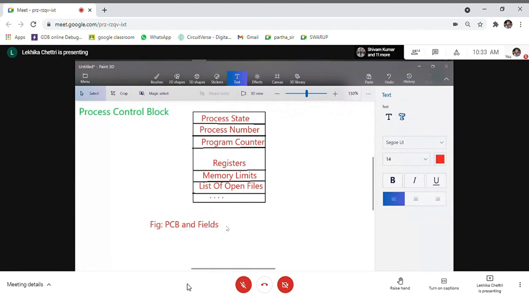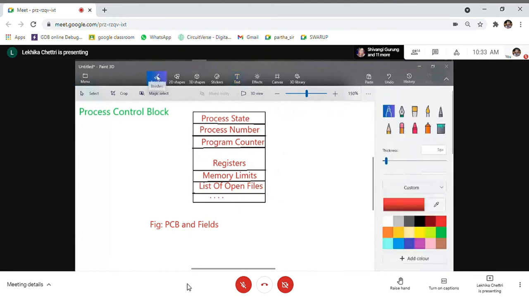Okay, so let me use the brush now. I've already told you that let us say this is my Paint 3D, which I'm using right now. Let me take this example only so it will be easier for you to understand. Right now it is in running state. The moment I opened it, a PCB, one stack, was created by the operating system.